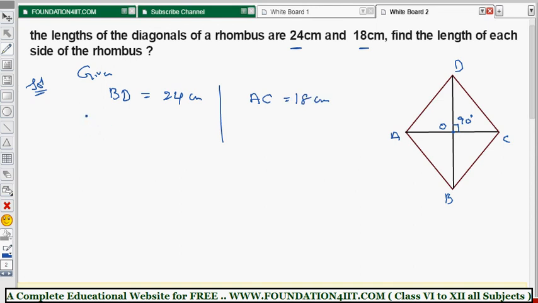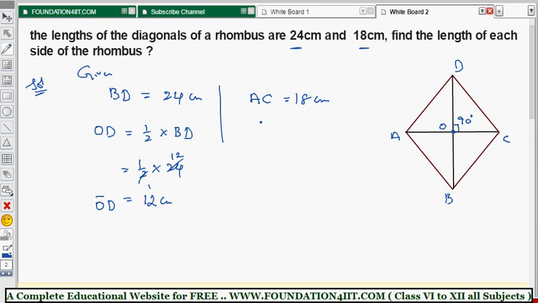BD is nothing but BO plus OD. So the distance O to D is half of BD, because O is the midpoint of the diagonal. O is the center point because the diagonals intersect each other in a rhombus. So half of 24 is 12 centimeters. Then OD is equal to 12 centimeters.